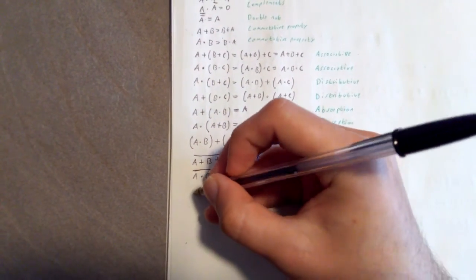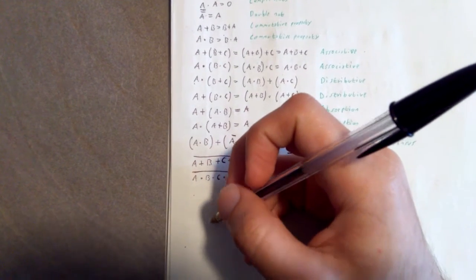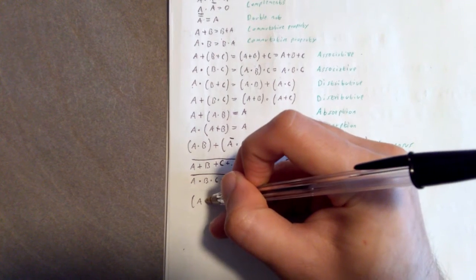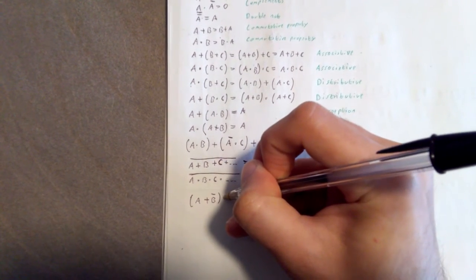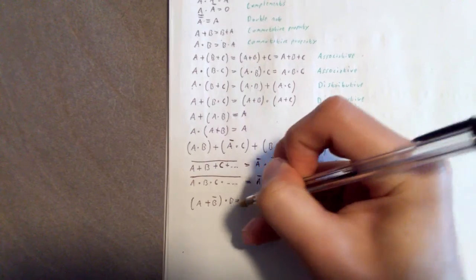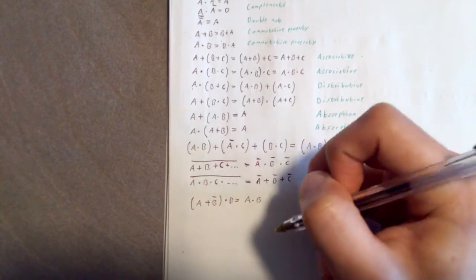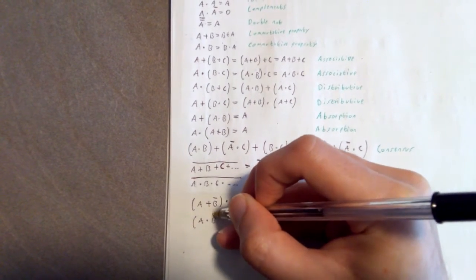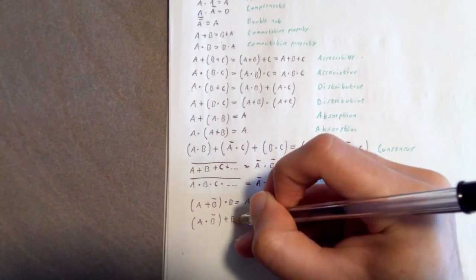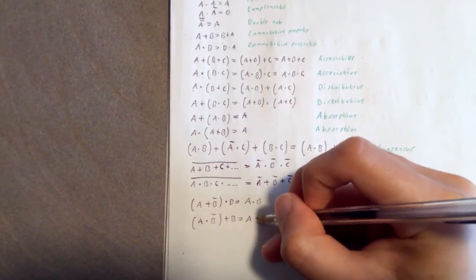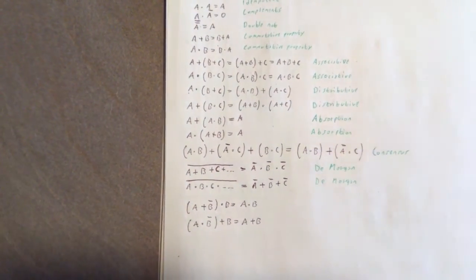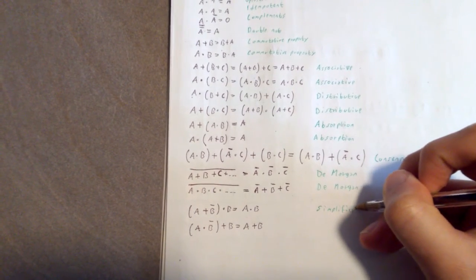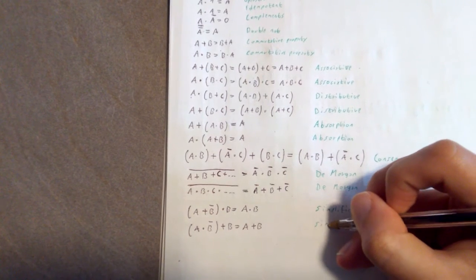And those are pretty easy to deal with, because if you have A plus B naught times B, it's just like saying A times B. And again, there is another property, which is if you have A times B naught plus B, this is exactly the same as saying A plus B. And those two are the simplification property.